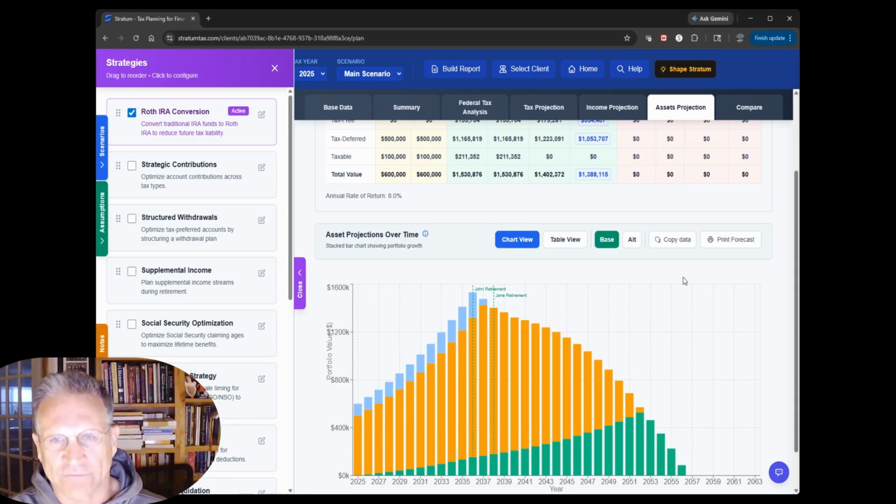Now, that's an obvious case. Let me paint one that's maybe a little less obvious. If the client is in a situation where RMDs are not problematic, then a Roth conversion is less compelling. Now, again, at the surface, we can envision this, but can we model it? Most systems will show you some kind of an asset projection, maybe some kind of a tax simulation, perhaps a shadow accounting methodology.